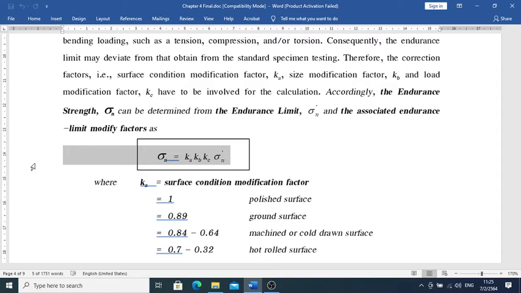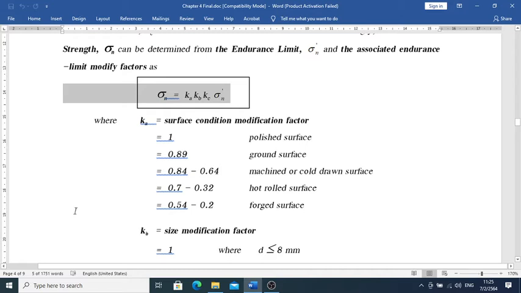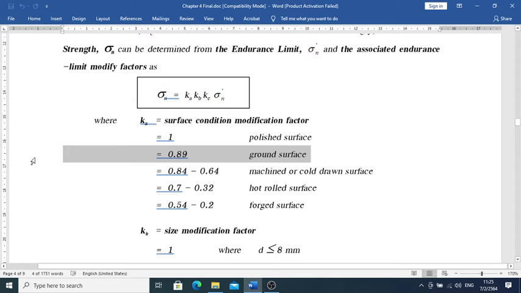So if it's other than the standard conditions we talked about before, for a ground surface we go for 0.89. For the machined or cold drawn surface, 0.84, and things like that for the hot rolled surface and a forged surface.